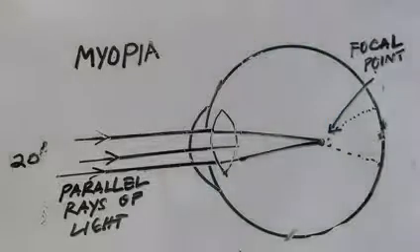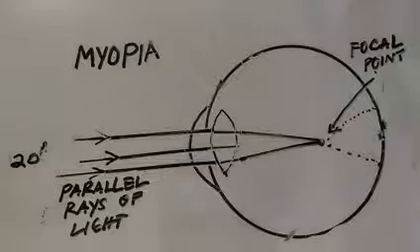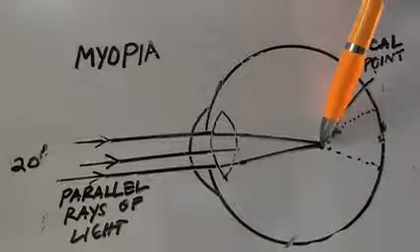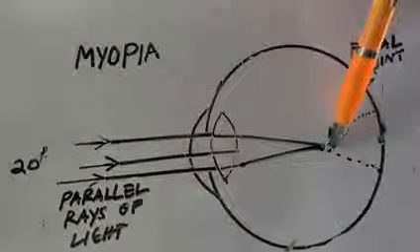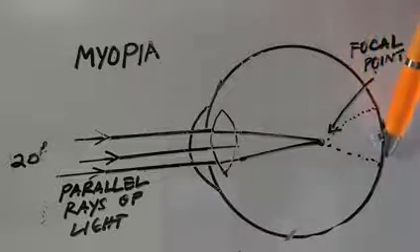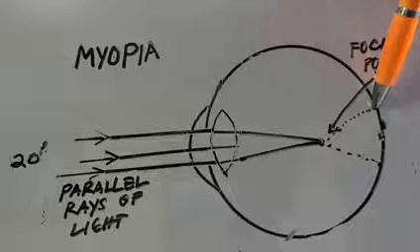So the image that will be produced by this condition is clear at near, but for far distance objects, it will be blurry. Why blurry? Because if you extend the light rays after the focal point, it will have not one focus but two.